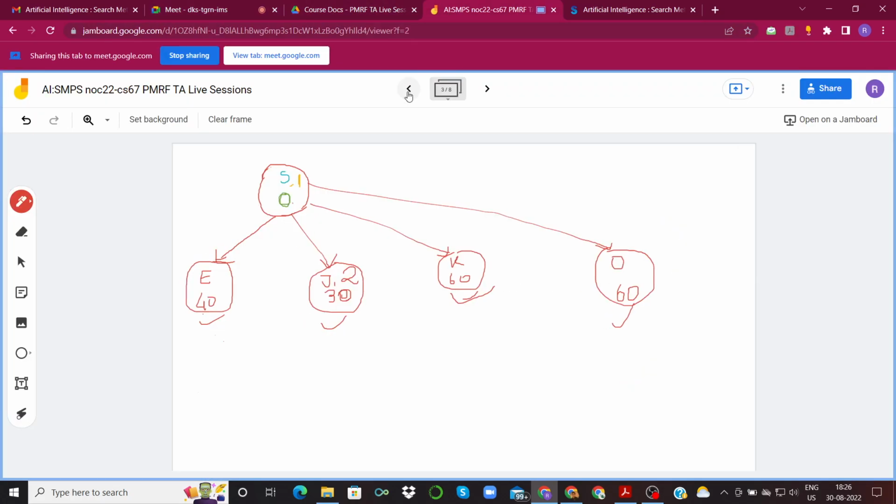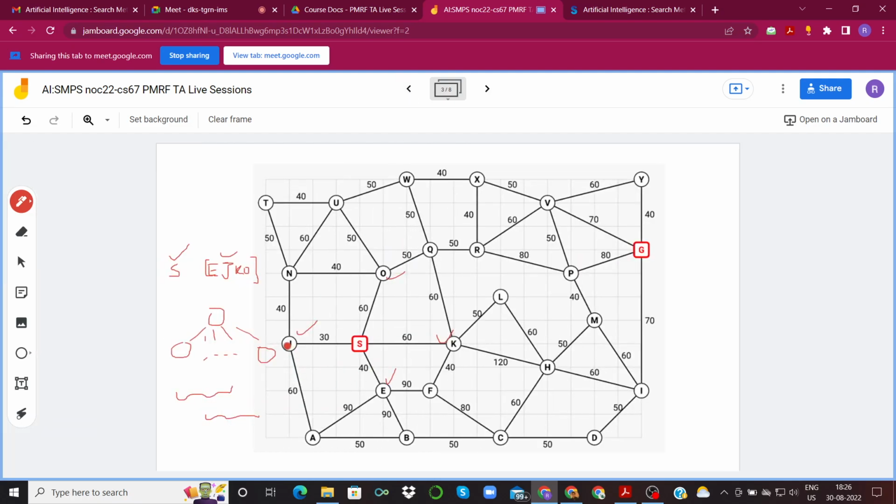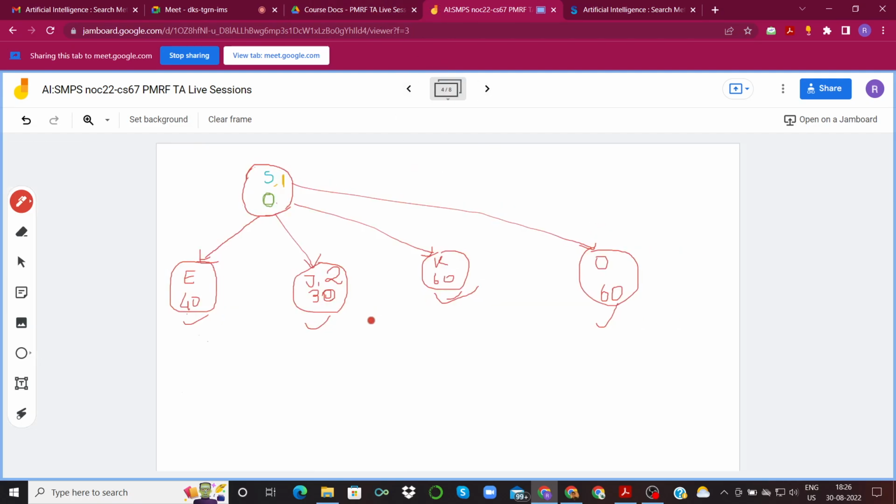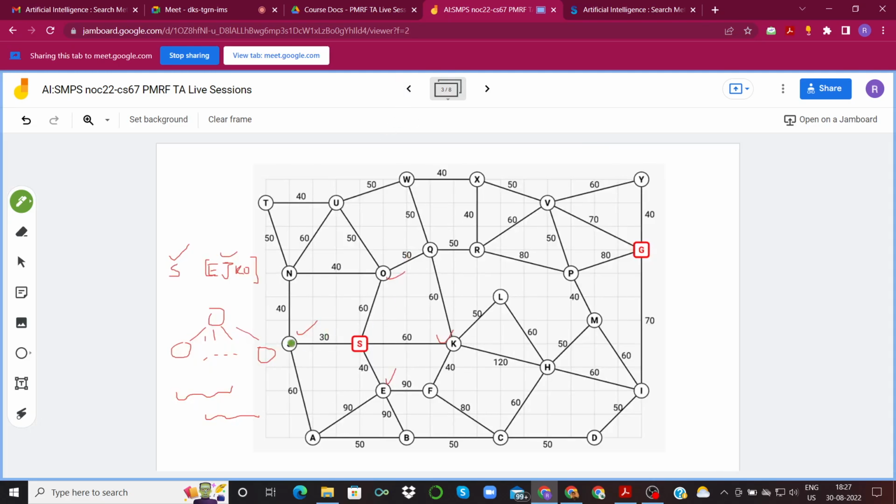So let's have a look at the options that we have from J. Till now we found that our J node, let me mark it green so that we know that it is a promising node as of now. This was the most promising among these, so we are refining this J node. What are the options of going from J? From J we could go to S or A or N. These three nodes are possible.